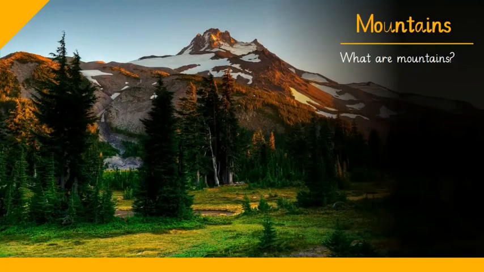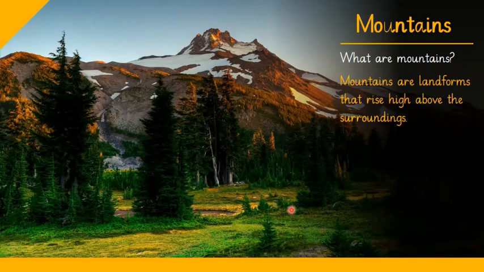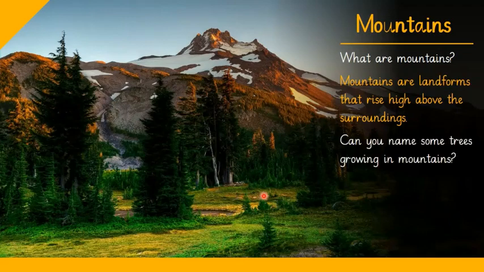The next habitat that we are going to study is mountains. What are mountains? Mountains are landforms that rise high above the surroundings. As you can see, this mountain has risen high as compared to the ground here. Can you name some trees that grow in the mountains?